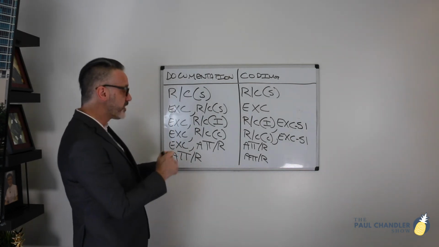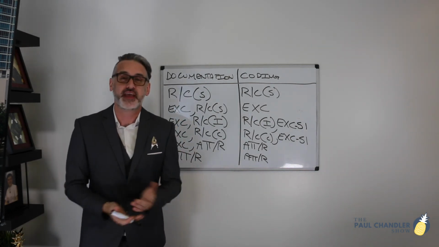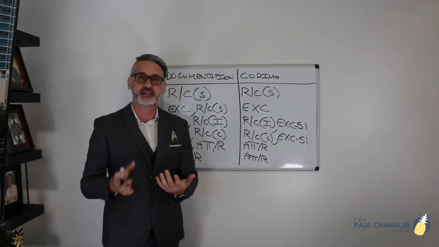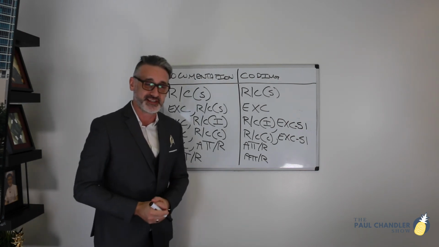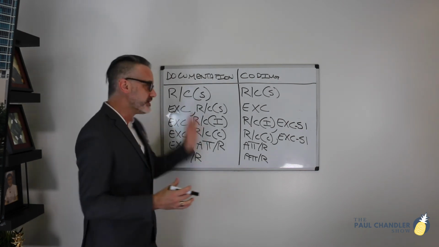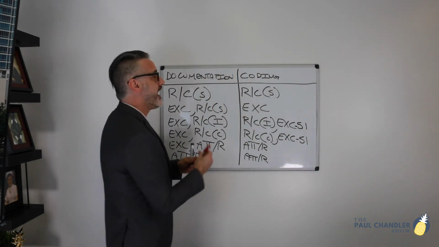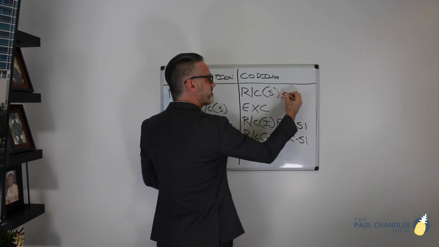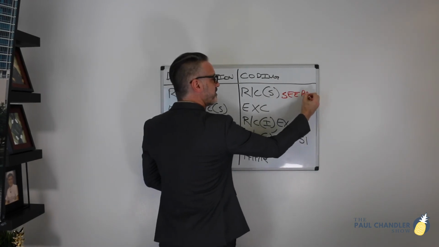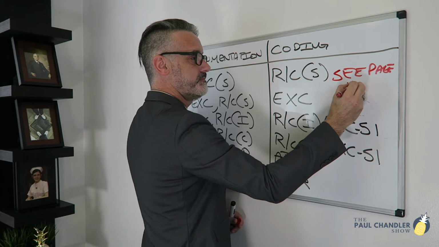So for you coders out there, what you can do, for example, on pages 90 through 92 in your 2020 CPT book, is make a note up on top of those pages, and for example, write down see page 110.